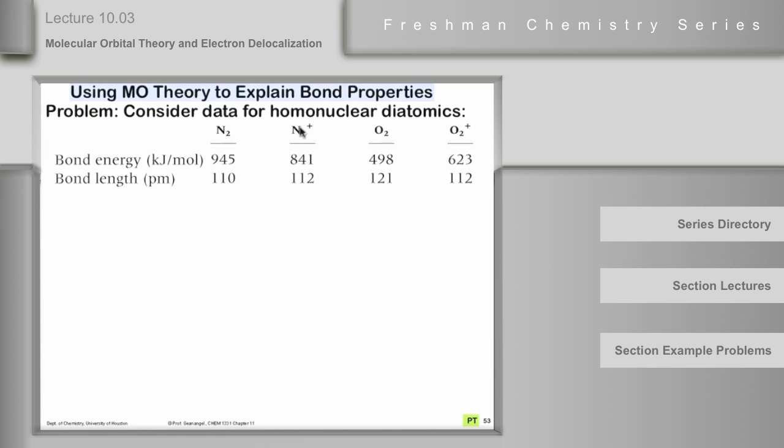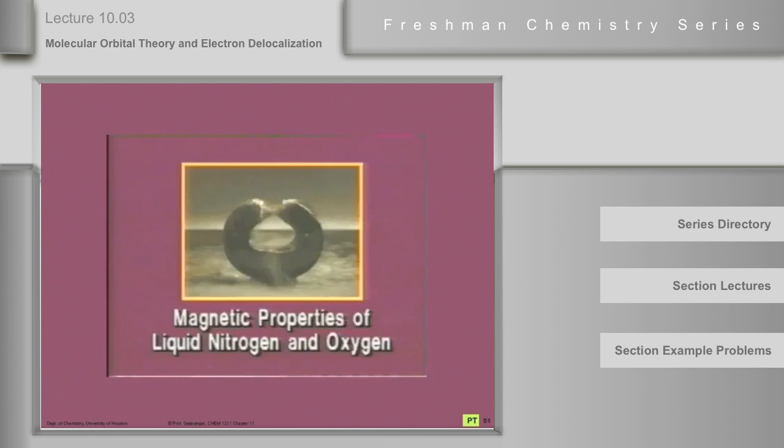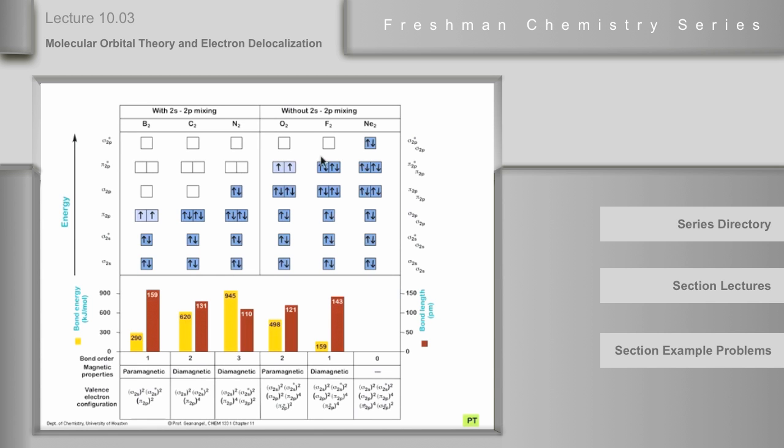Now, if you're going to make N2+, you've got to take away 1 electron. If you take away 1 electron, what kind of orbital did it come from? We're going to back up and look. Okay, here's N2. The highest occupied molecular orbital is where the electron would come from, because that's the easiest one to take.